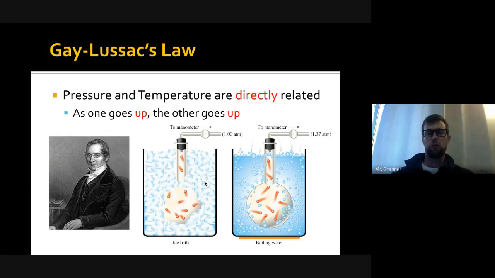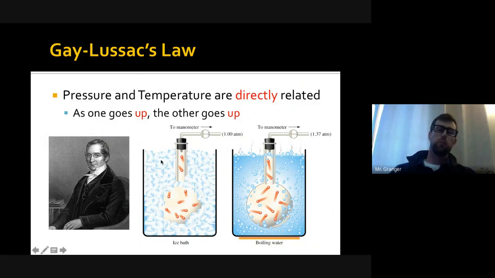The image on the right has boiling water, and you can see the streaks behind are gas particles moving around. So the pressure value there is 1.37 atmospheres, higher than normal atmospheric pressure because we've increased the amount of movement, therefore increasing the number of collisions.